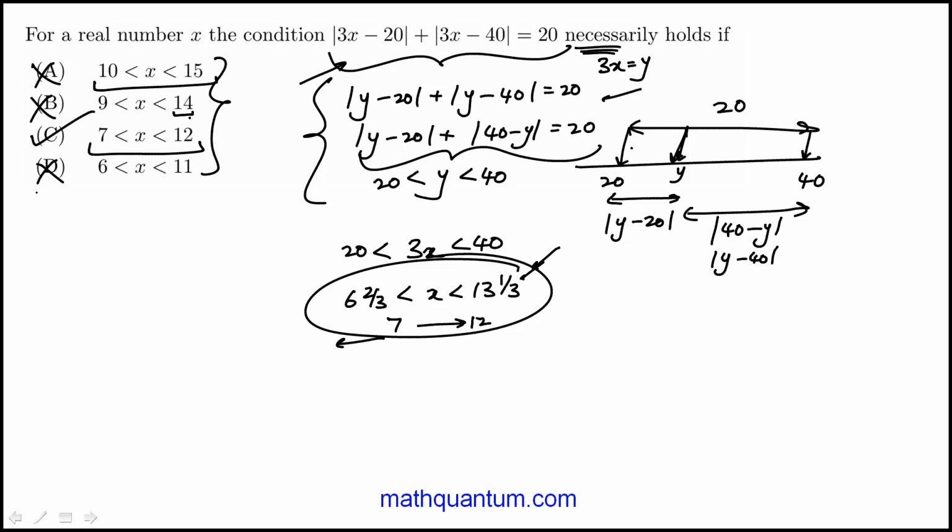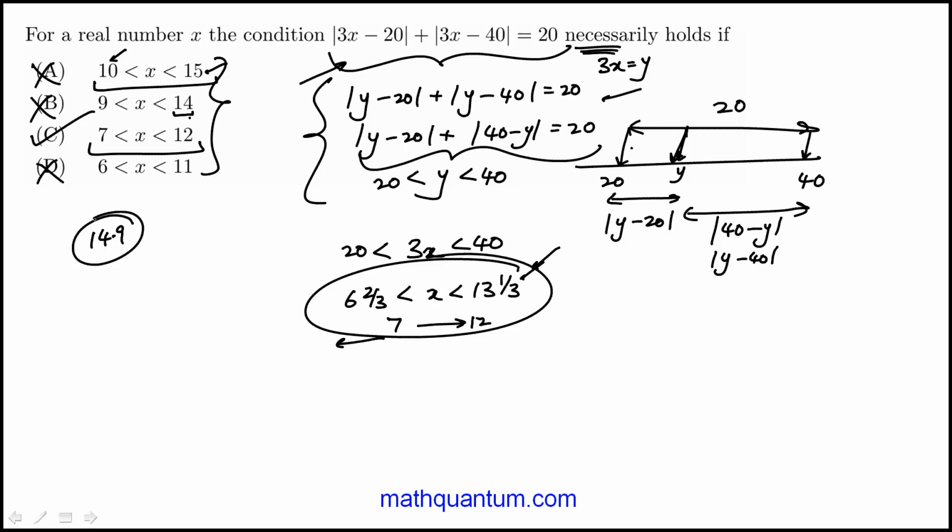Now, another way you could do this question is by plugging in examples. And I always recommend that you look at extremes. And of course, it will be more work because you might be testing here. But for example, you could plug in 14.9 for x.